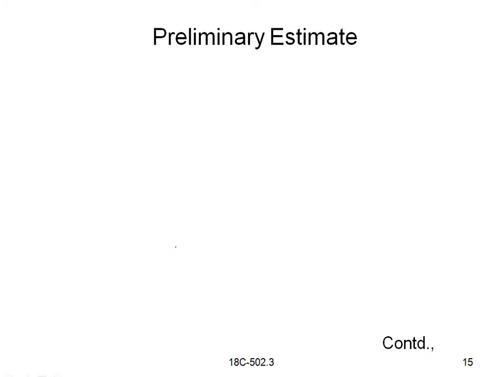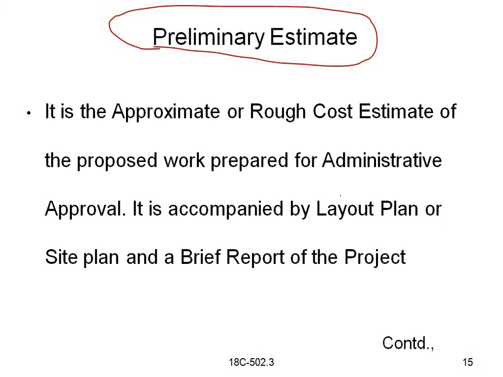And the next is preliminary estimate. So how the preliminary planning is done, the preliminary estimate will also be done. The preliminary estimate is nothing but a primary estimate made before the project starts.